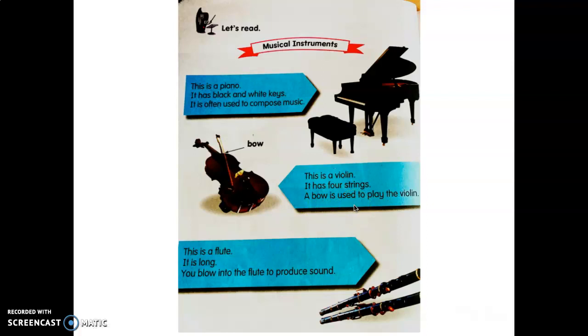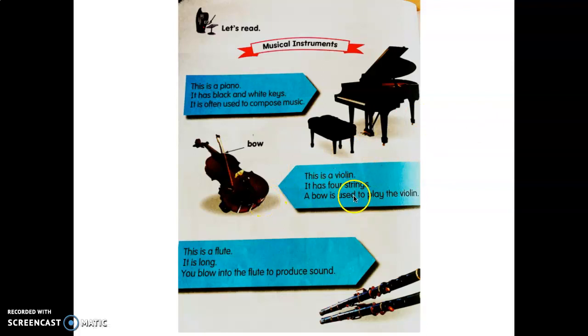Okay, murid sambil murid mendengar cikgu membaca ayat ini, murid boleh mengikut apa yang cikgu sebutkan. Kita baca sekali lagi ya. This is a violin. It has 4 strings.